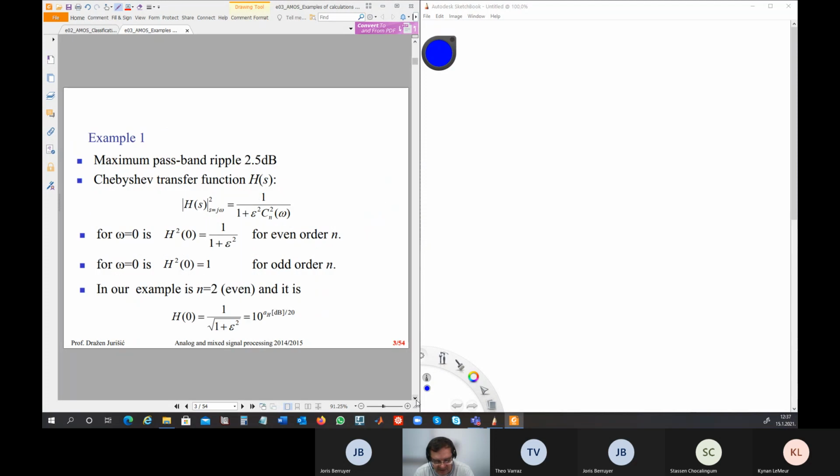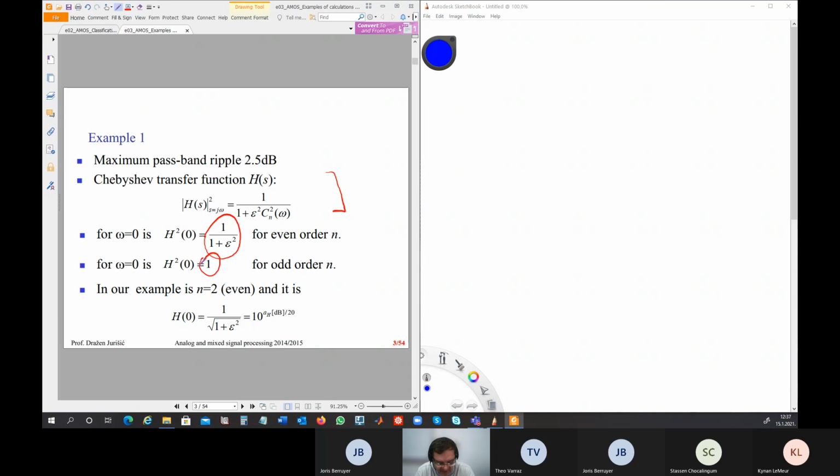question. Of course, you can design a Chebyshev filter using the Chebyshev transfer function. And you know already from before, which we have learned, that its value at 0 is 1 over the square root of 1 plus epsilon squared if the order is even, and is equal to 1 if the order is odd.